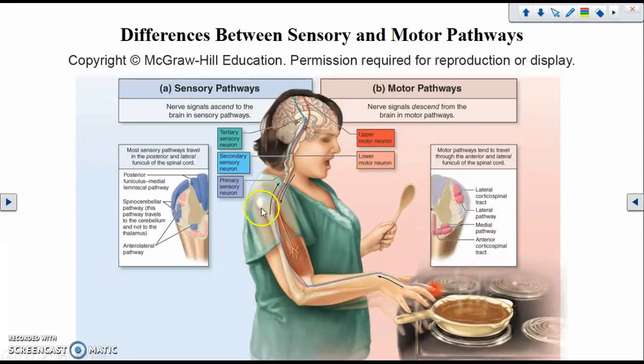Another important thing you can see here is we already know that the posterior portion of the spinal cord is sensory and the anterior portion is motor. Most of the tracts, which are fasciculi, are the pathways where all of those neurons travel up and down the spinal cord.